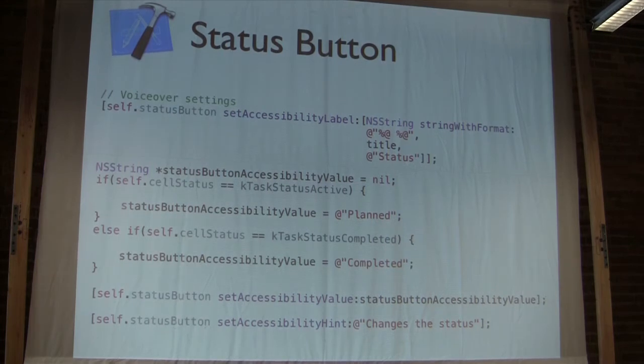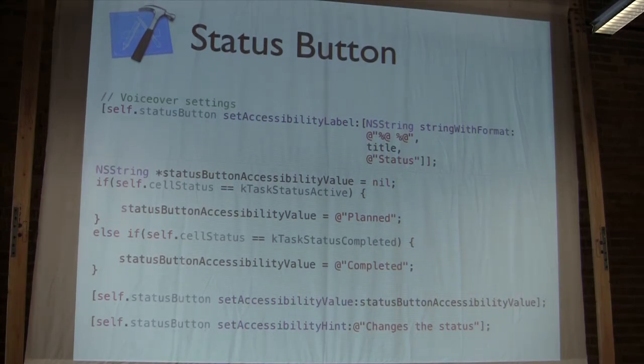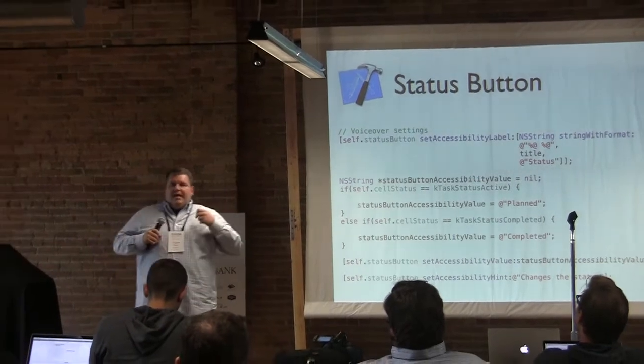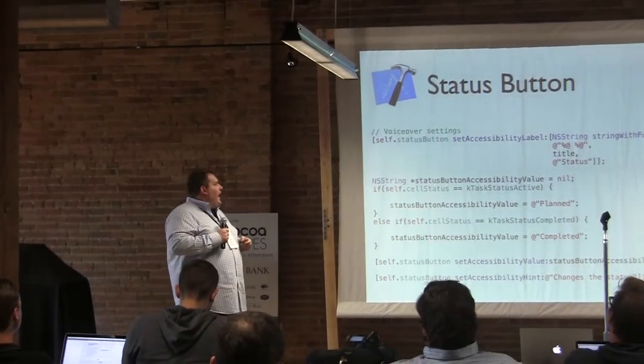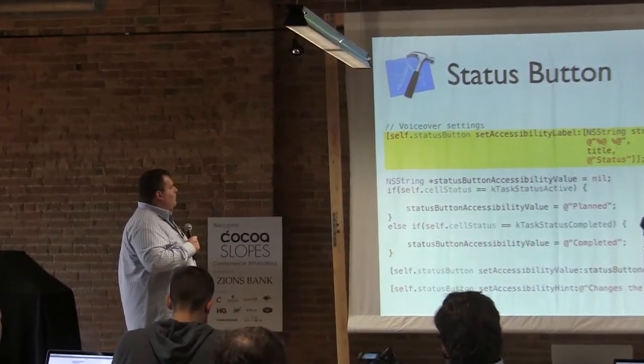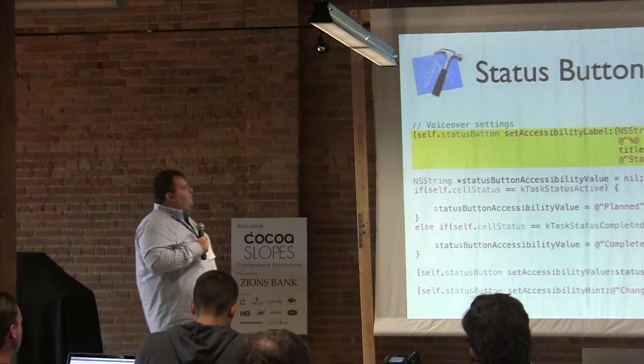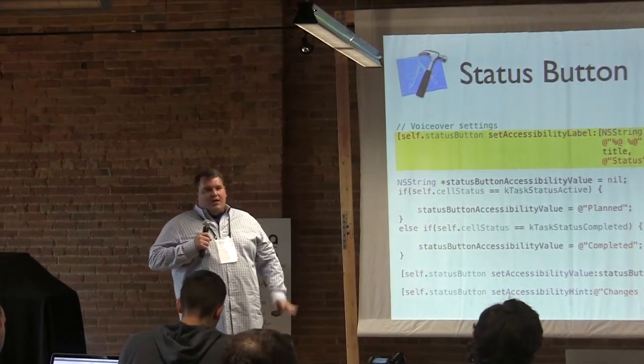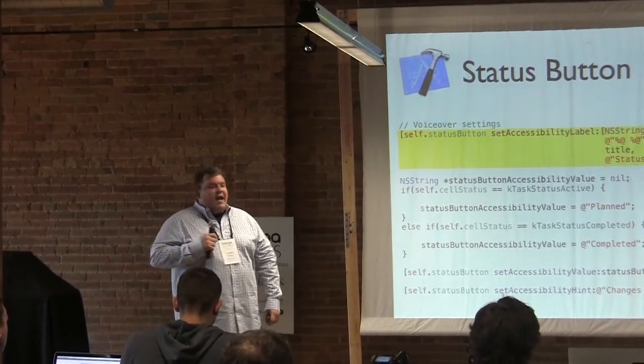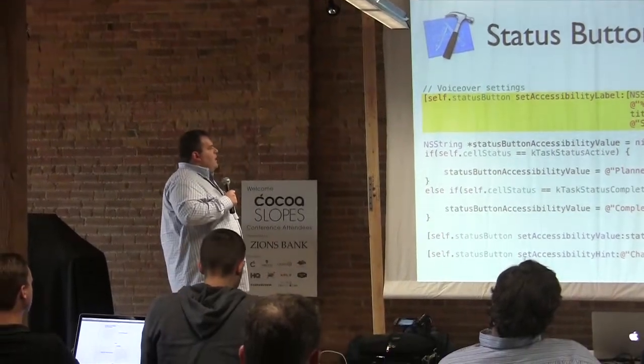But we still have room to optimize these. And so what we're going to do is go into the code that we use within our table view cell and apply some properties here. And we're going to do three things. First of all, we're going to set an accessibility label for those buttons, because Image 1 and Image 2 just is not cutting it.